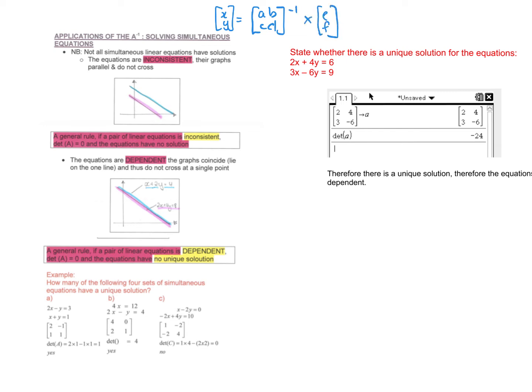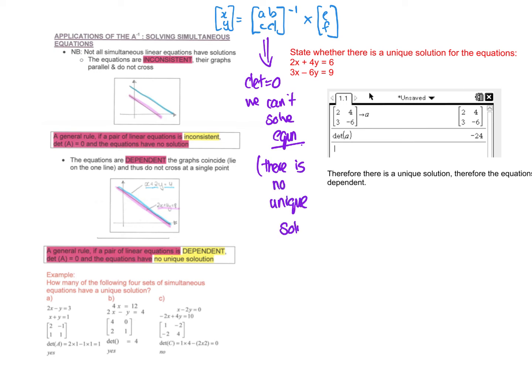So what happens if this determinant equals 0, then we can't solve the equations, yeah? So what's happening there is that they often say there is no unique solution.